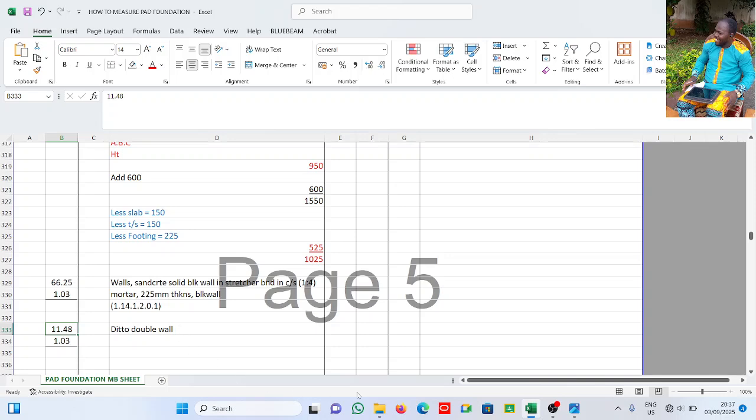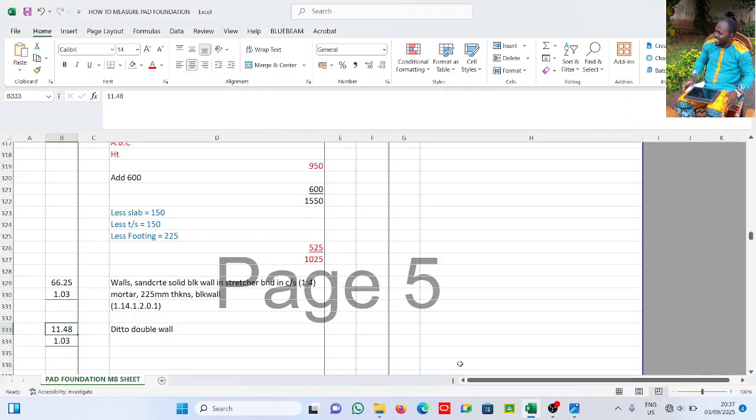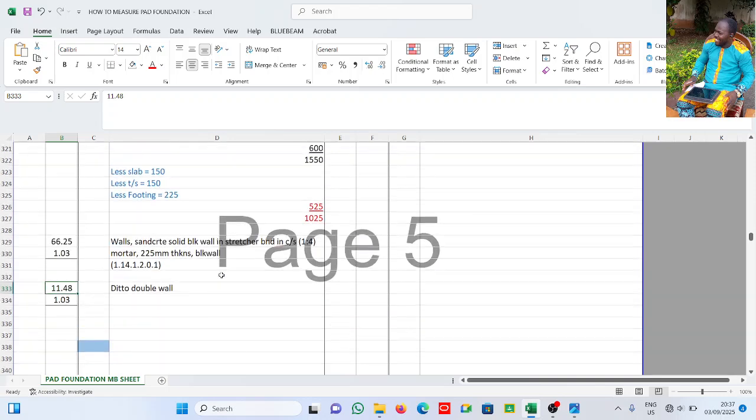And of course you only consider that it is going above the ground now. It is no longer just below the ground, now above the ground. That gives us the total depth, and that is what I calculated here.